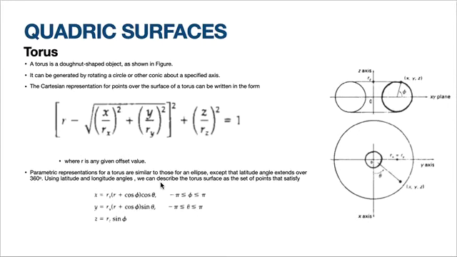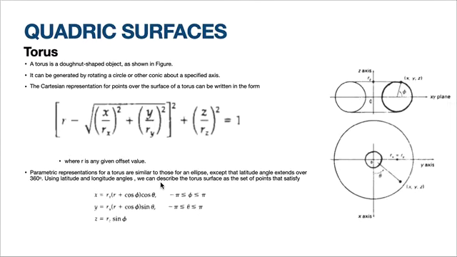Okay. And the parametric representation for torus is similar to that for an ellipse, except that the angle phi, that is our latitude angle, extends over 360 degrees.